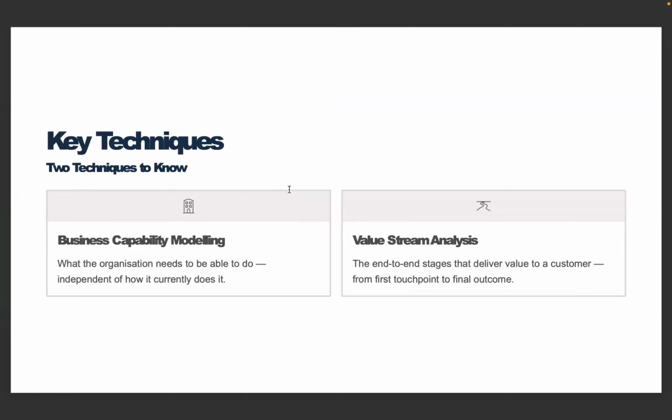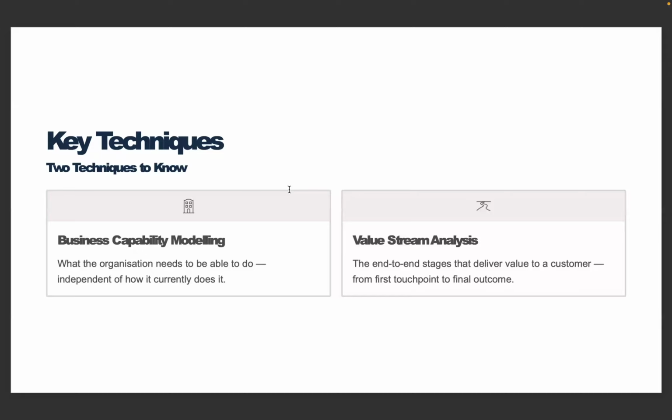So there are also techniques used in business architecture. Today we're going to focus on the business capability model and the value stream analysis. The business capability model is what the organization needs to be able to do to achieve what they want to achieve in the future.